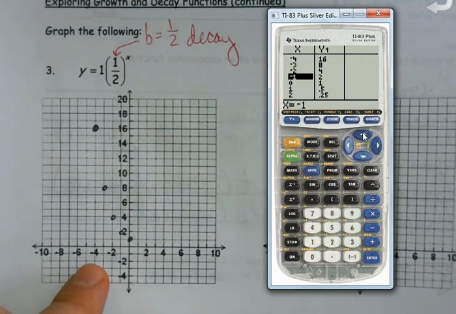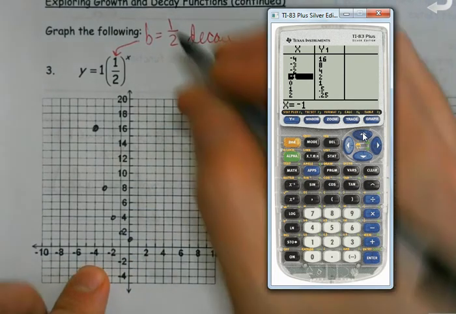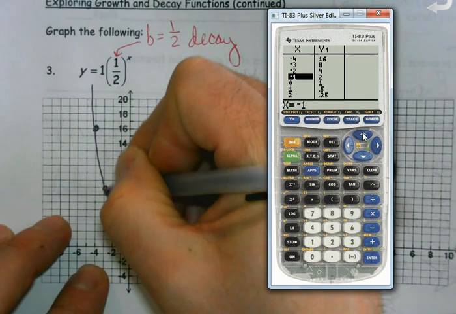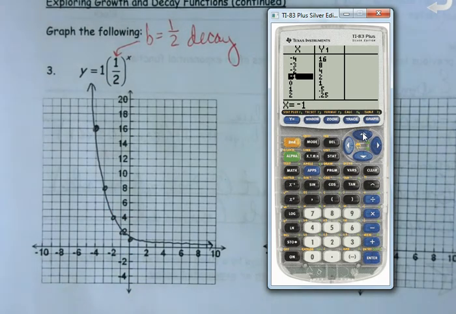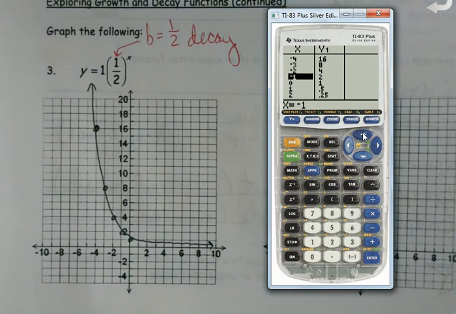Because once we start going into decimals, that's getting kind of small. So this just comes down and gets smaller. So down to the right is going to be smaller. I can visually see that. Again, I'll just take them straight from the graph.